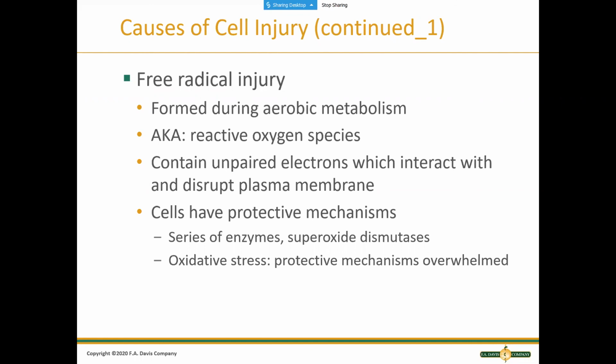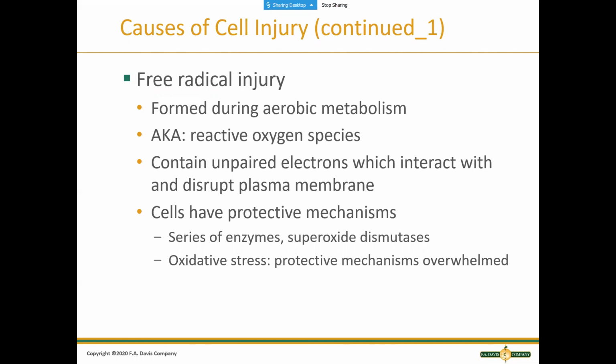Reactive oxygen species. And there's three very common ones in the human body that are a potent part of our immune system. Three common ones. Most common is called superoxide. That's just an oxygen, which is O2, with a little negative above it.